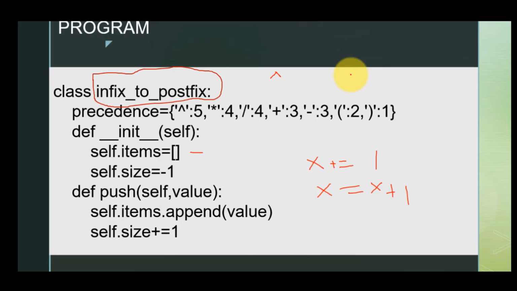The program will try to determine it. With the use of minus 1, the equivalent of this is like this: x is equal to x minus 1. Now, how it should be done in our stack: every time you remove an element in our stack, the size will be deducted by 1. Now the next one on the list will be forwarded.